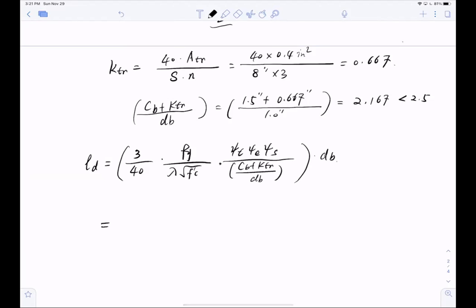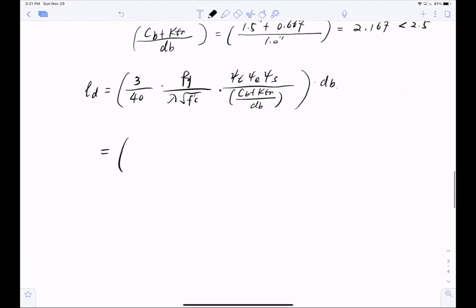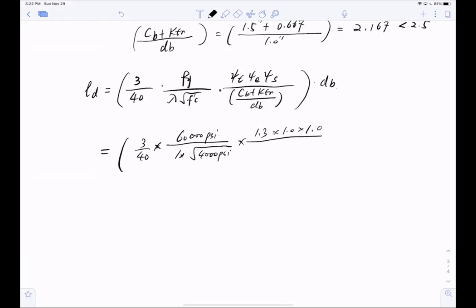Now I can plug in the numbers. 3 over 40, Fy is 60 ksi, so 60,000 psi. Lambda equals 1.0, square root of 4,000 psi. Psi T equals 1.3, psi E equals 1.0, psi S equals 1.0, divided by 2.167, and the whole thing multiplied by 1.0 inch bar diameter. I got 43 inches of development length.